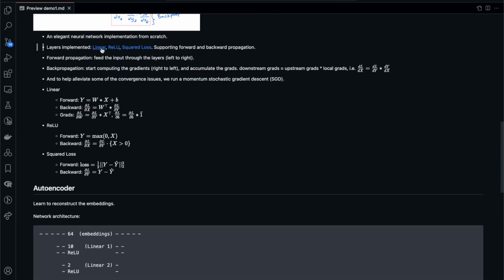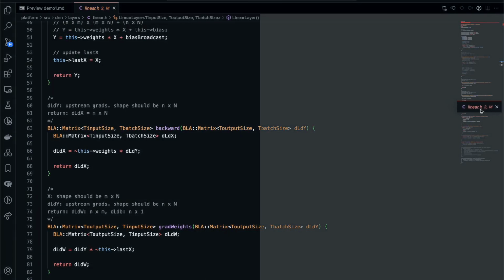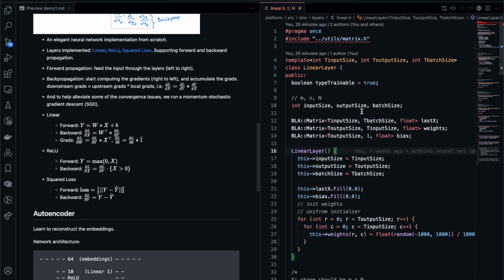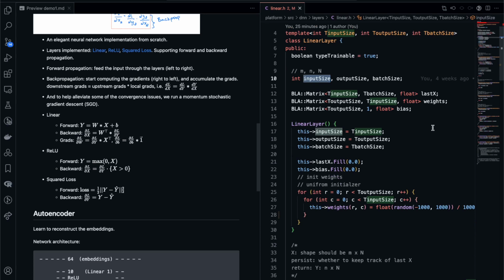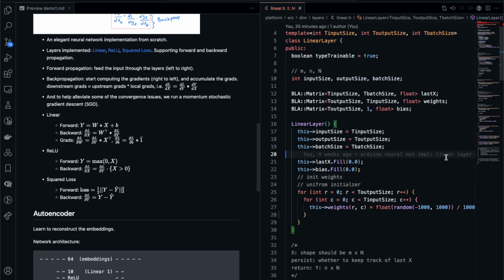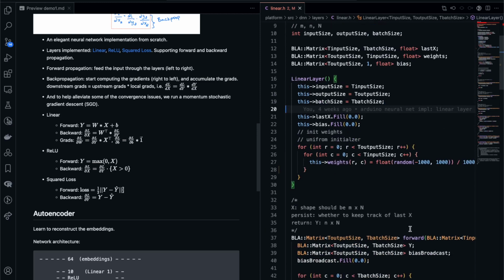So here's the overview of the code. This class implements the linear layer, which has the input size, the output size, and the batch size, and weights and biases. And we also keep track of the last input for the backpropagation.